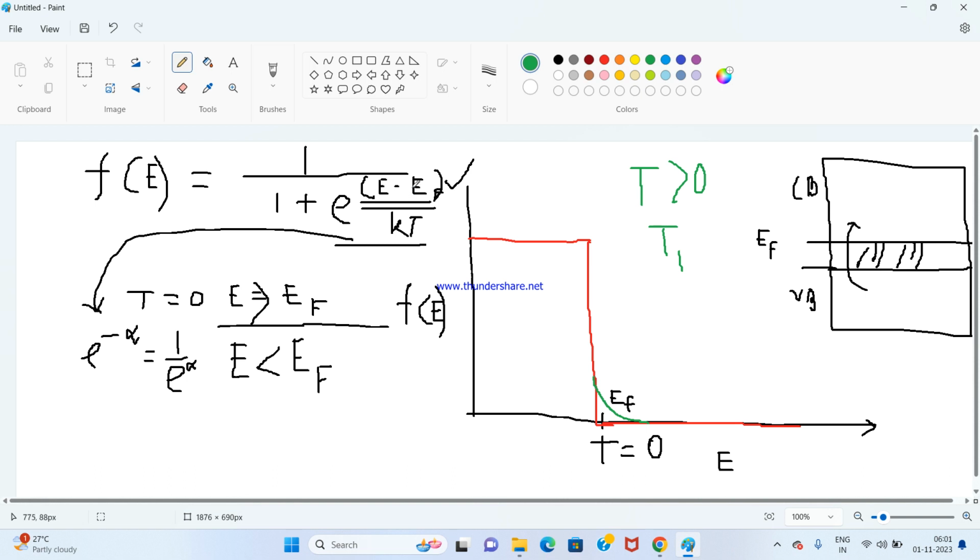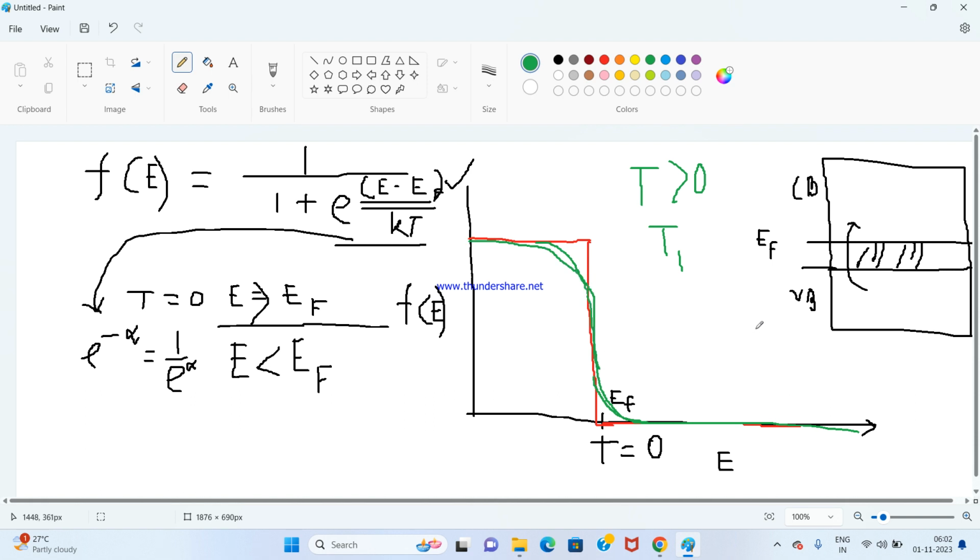This is a negative quantity. So 1 by negative. What I mean to say is, as earlier at T equal to 0 it was 1, now it will not remain 1, it will reduce. So now the function you will get like this, green color.